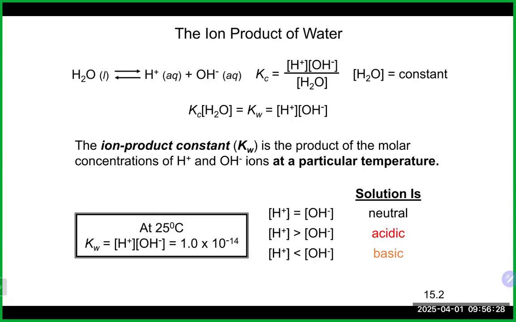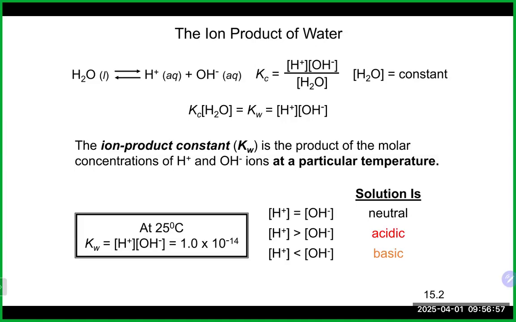So if you happen to come across a problem, which you sometimes do, where they say, hey, we're doing this not at 25 degrees, you might be using a different value for Kw in those situations. Most of the time, they probably would give you the value, or have it in a table or something like that. But it can change with temperature like any other equilibrium constant. But for the most part, this is a 99.99% of the time constant value that you will probably use.